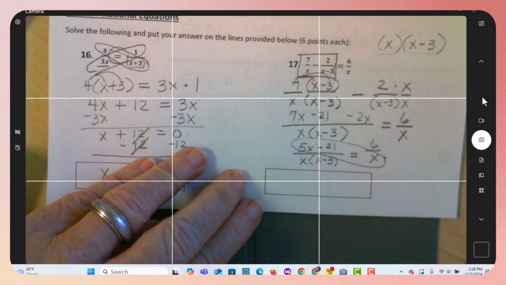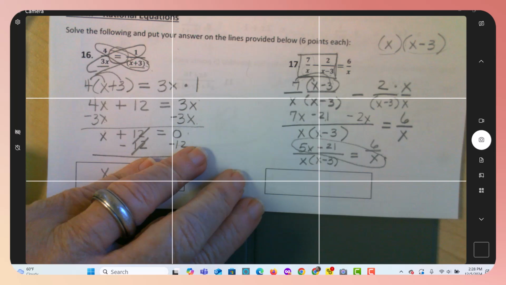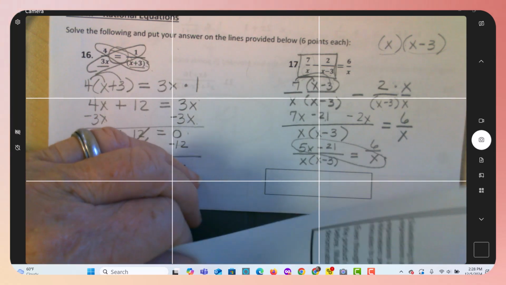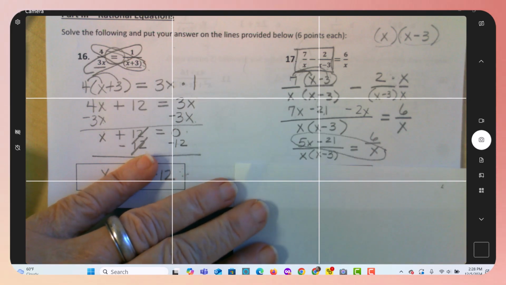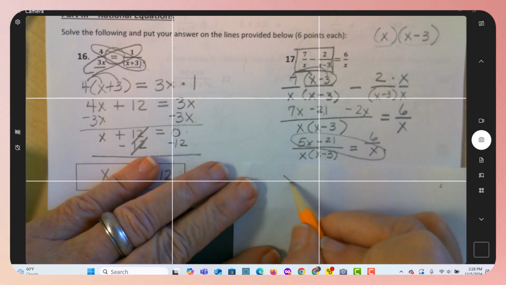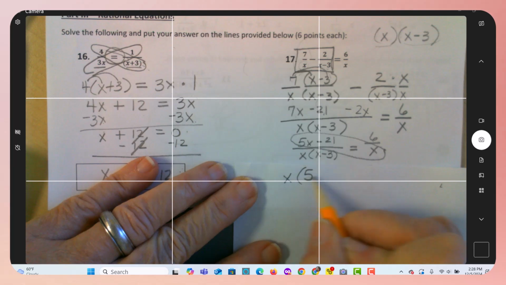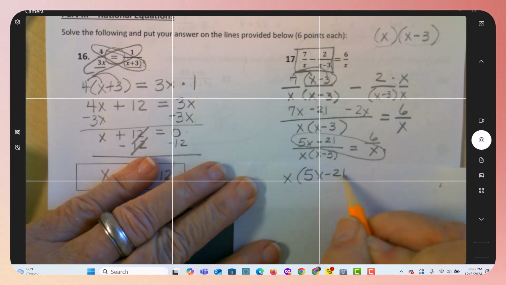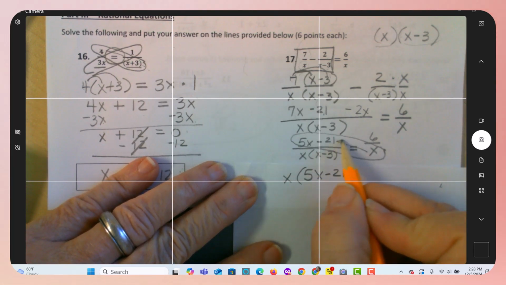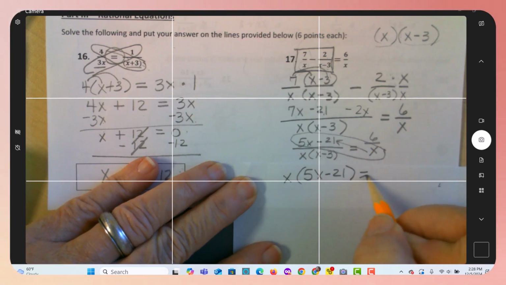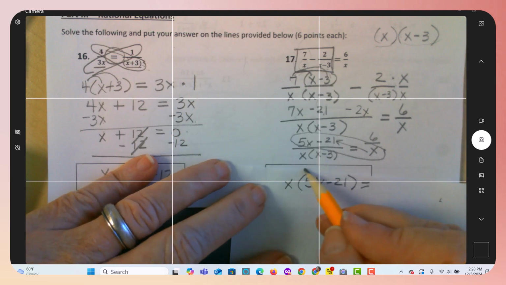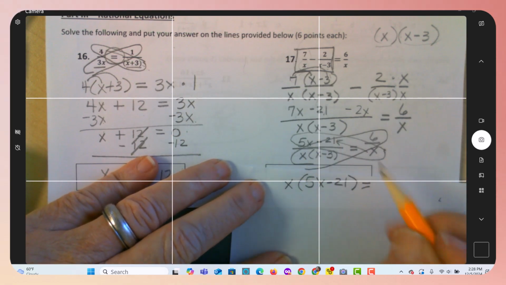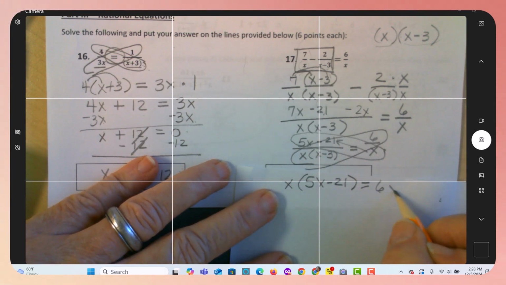I may need more paper, so let me get some more paper. Alright, so we have x times 5x minus 21, and we cross multiply this wing, equal to, now let's take this wing and multiply, 6 times x minus 3.